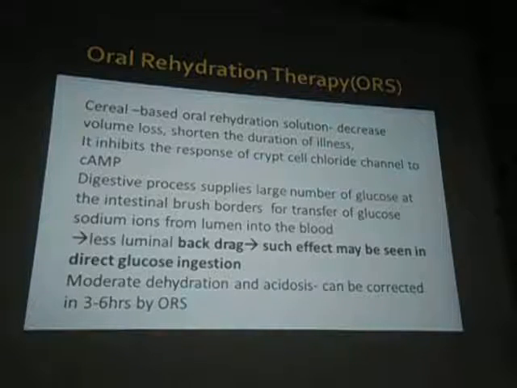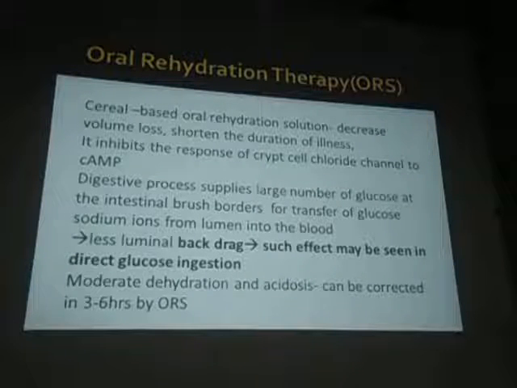But actually the thing is the less luminal backtrack. That means just what we were discussing, that we use a hypotonic solution. Such effects are seen with direct glucose consumption, that is regular ORS. That's why the WHO ORS is trying to decrease this concentration, making it less hypotonic by decreasing the glucose levels, which is reduced to 16 grams now in trial. So the digestive process supplies a large number of glucose molecules at the intestinal brush borders.